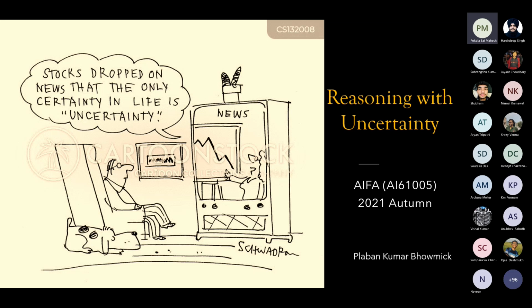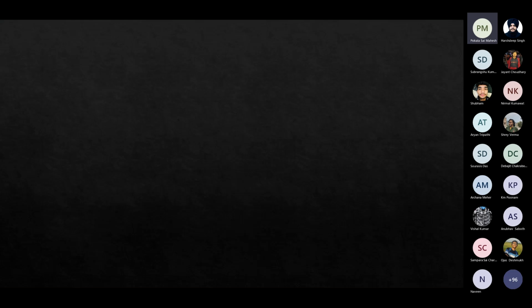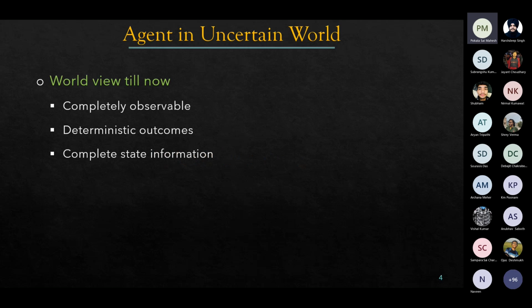So we should be talking about reasoning that captures the notion of uncertainty about the world, as well as the outcome we can have when we perform some action, right? We'll be spending some time on this. I'll just discuss the introductory part today, and then maybe in the next class we'll deal with the details.